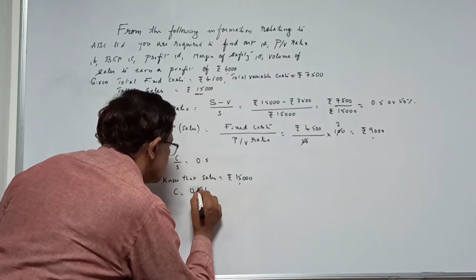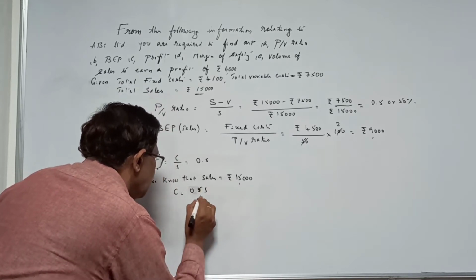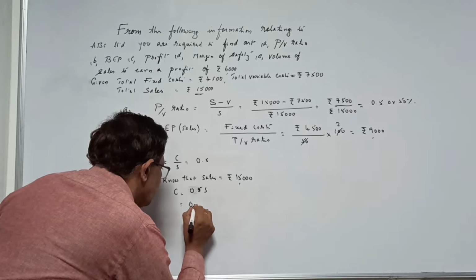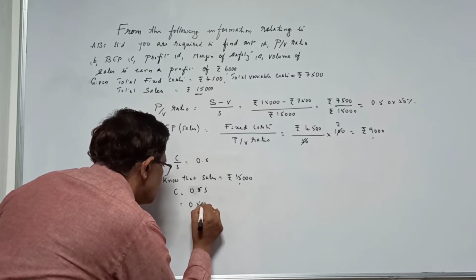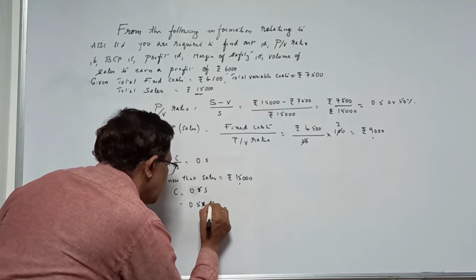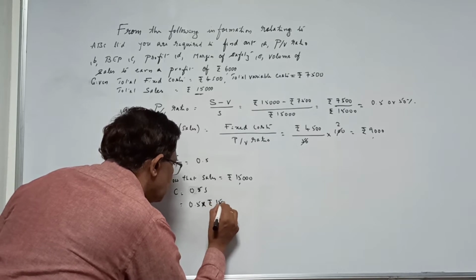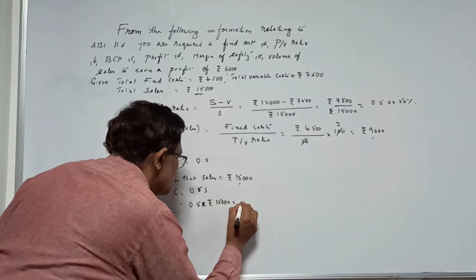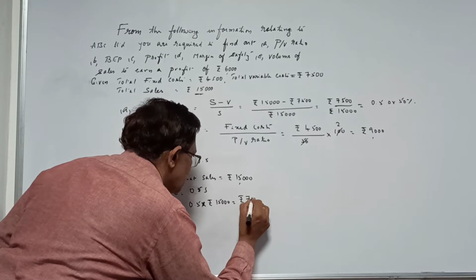Where 0.5 C is going to be 0.5 into rupees 15,000, which is nothing but rupees 7,500.